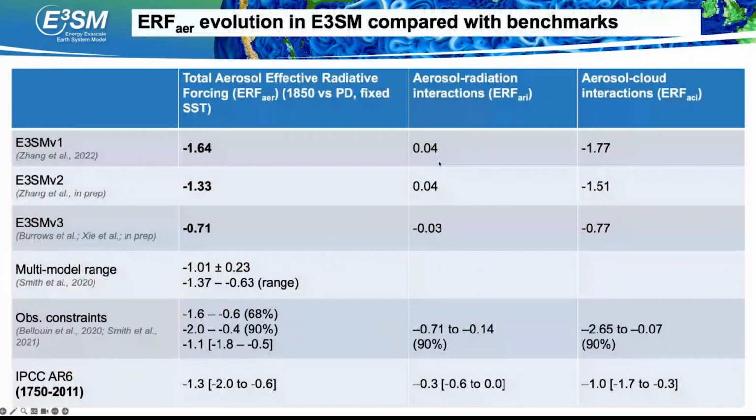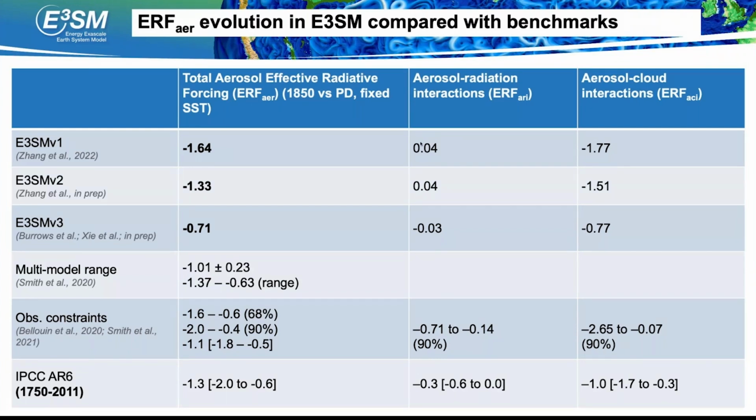So I'm giving away the punchline right away, which is that we did achieve that range, or it got kind of up to the upper end of it in v3. So this slide is summarizing the evolution from E3SM v1 and v2 to v2 and v3, also broken down into the direct and indirect, or ERF-ARI and ERF-ACI, as compared to the multi-model ranges.